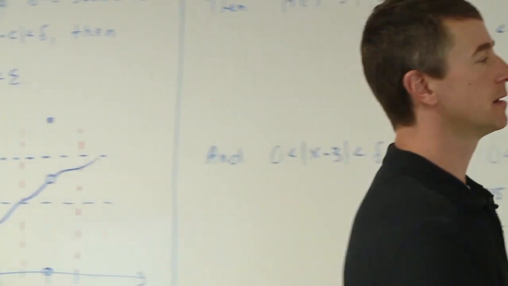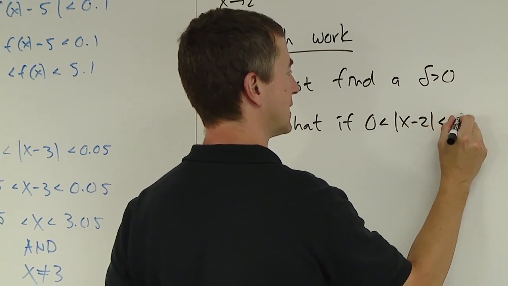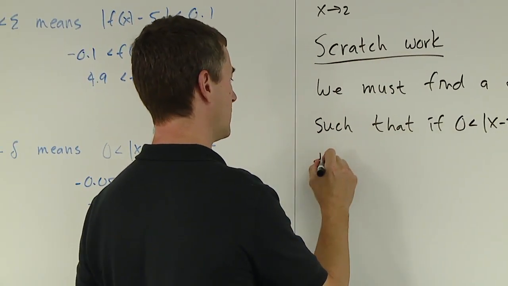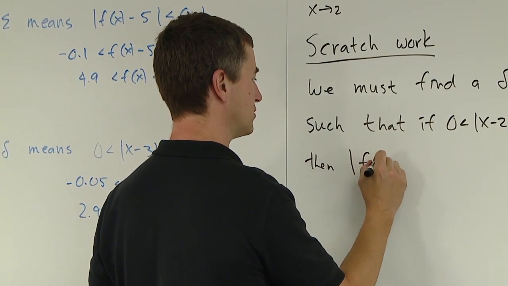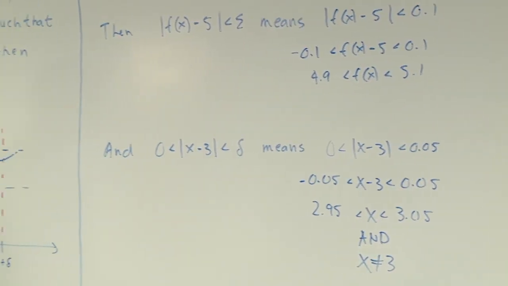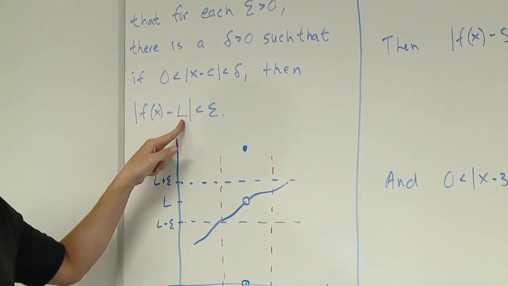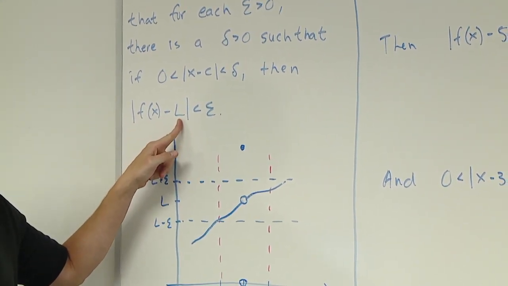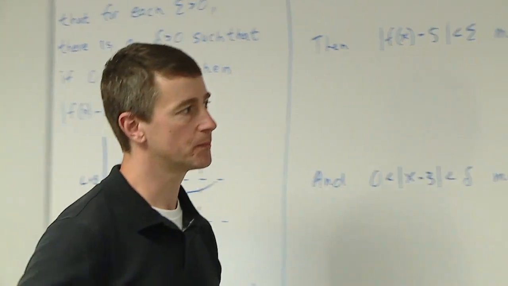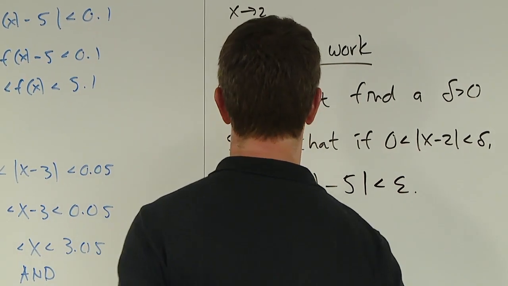So if 0 is less than the absolute value of x minus 2, which is less than delta, then the absolute value of f of x, right? So that's this part. Then f of x minus L, and what are we saying L is here? 5, will be less than epsilon.